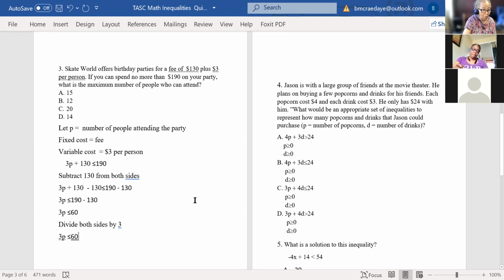The only reason I'm doing it this way is because we're doing inequalities, and I want you to be able to set them up, because sometimes you're given a setup and they ask you which setup will be used to solve for P. And that means you'd have to pick this setup, right? That's the only reason. But if you were doing this on a test, you just subtract the 130 from the 190, get 60, mental math, divide by 3 to get 20, and then keep moving.